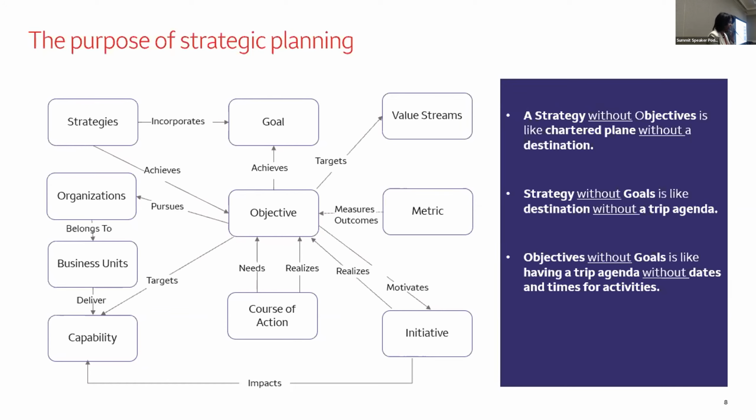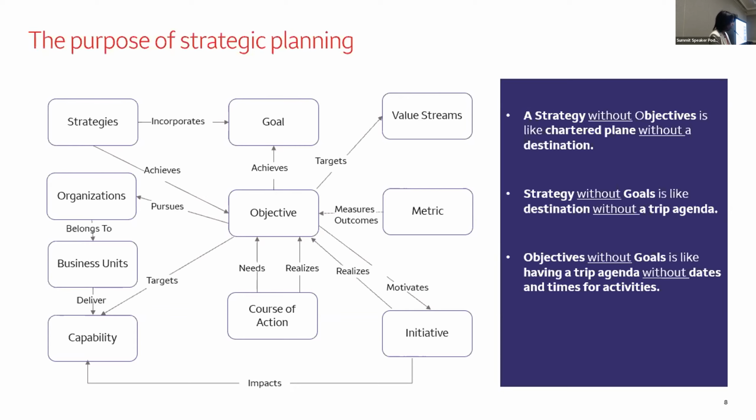The analogy that I like to use is, if you think about hiring someone to charter a plane and you say you don't know what your destination is, that's like having a strategy without objectives. Well, let's say you now know where you're going. You have the plane and you determine your destination, but you don't know what you're going to do when you get there. Well, that's like having a strategy without goals.